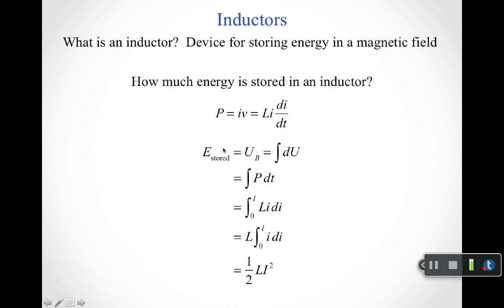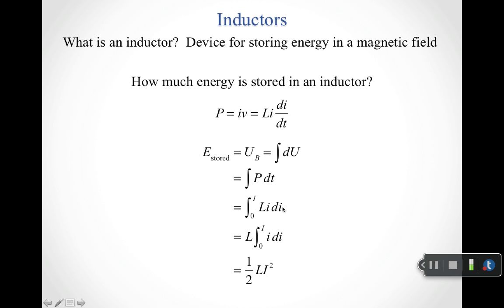If I want to know the total energy stored, all I need to do is integrate this. The total energy stored is going to be stored as potential energy within a magnetic field. To get that, I just need to integrate all these tiny contributions to the energy as the current changes. This is just another way of saying P dt, because power is the time rate of change of energy. I plug in my expression for the power.